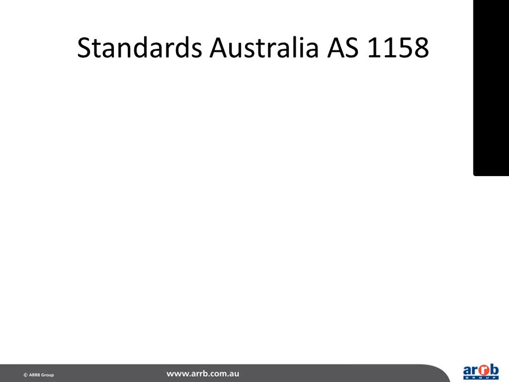So we looked at AS 1158, which is the lighting for roads and public spaces in Australia. It contains 8 different parts, and it's quite detailed in terms of different types of lighting, the lighting requirements, and the illumination levels, and we used that to provide technical input into this research.